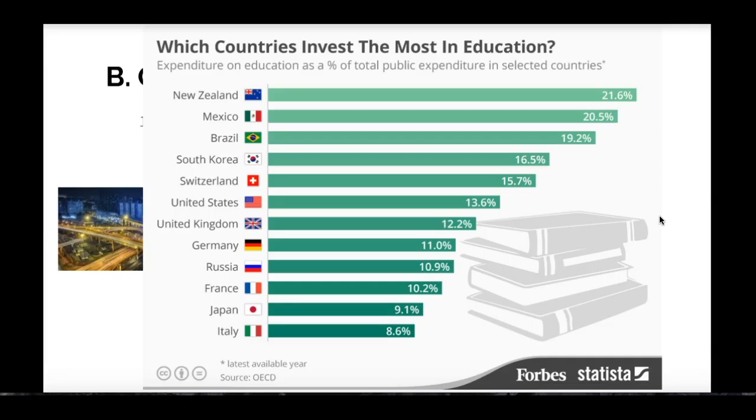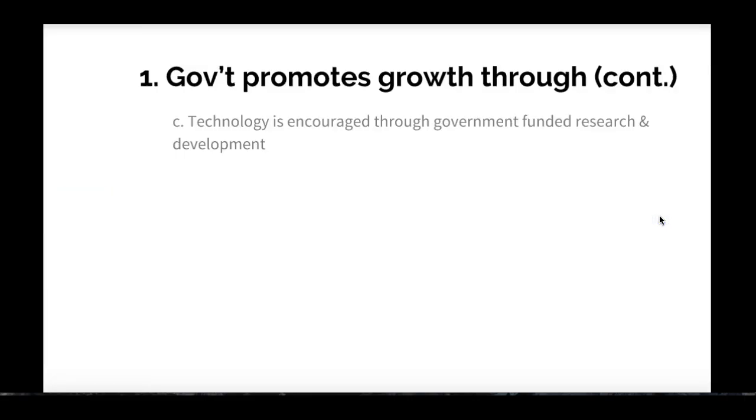So those are things to increase physical and human capital. What about technology? Well, technology is encouraged through government funding of research and development. R&D is important in the private sector as well as the public sector. The government has public think tanks that are constantly doing research for the government, but they also encourage private industry.